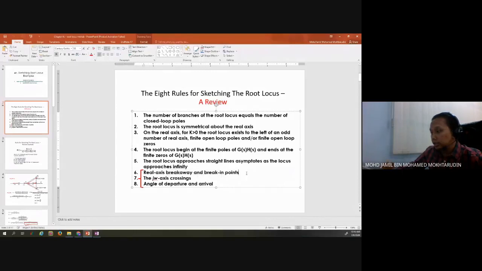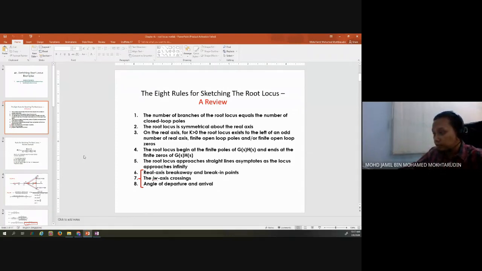The formula is already inside the quiz 12. And the second one, jω axis crossing. This one you need to use Routh-Hurwitz criteria, so you must go back and revise your Routh-Hurwitz criteria. And lastly, angle of departure and arrival. Okay, so we look at the questions from quiz 12.